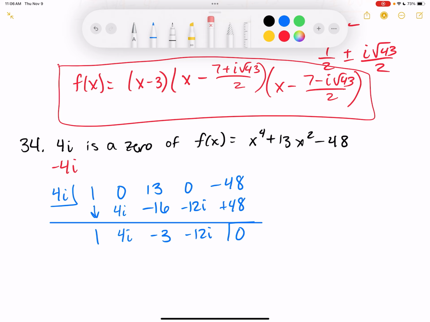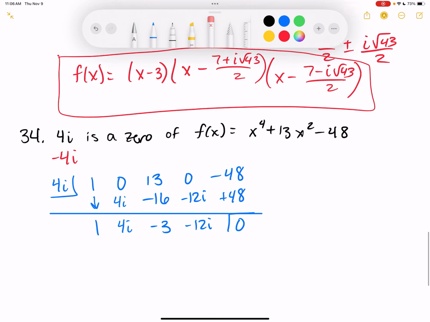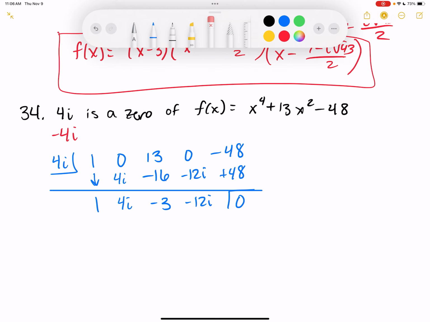Okay. So then now I'm going to use these numbers with negative 4i. So I'm going to have negative 4i here. And then now this was an x to the 4th term. Now it's going to be an x cubed term, just for the sake of making sure I'm paying attention. So then I bring down 1, 4i, negative 3, and negative 12i.